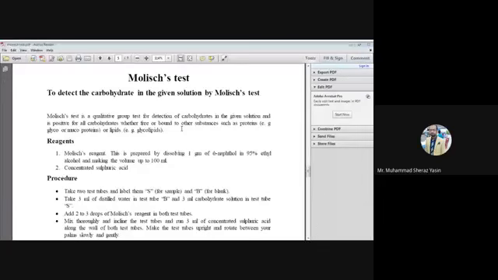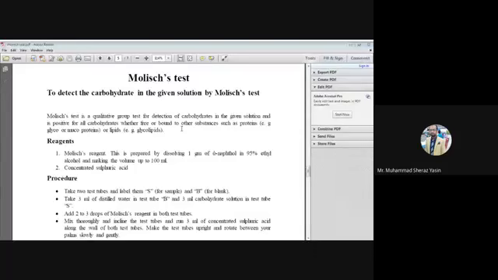Whether the carbohydrate or sugar is present in monosaccharide form, or disaccharides, oligosaccharides, polysaccharides, or conjugated or complex forms of carbohydrates are present in the sample, you can detect them by Molish test.